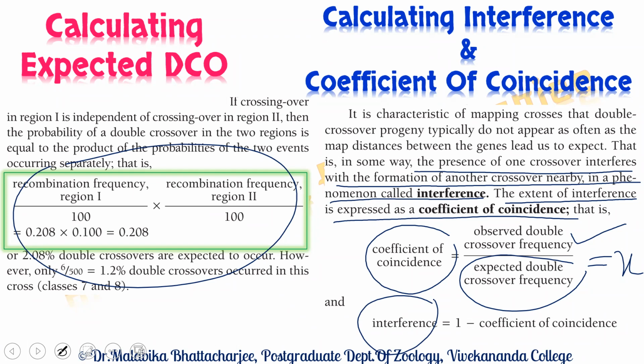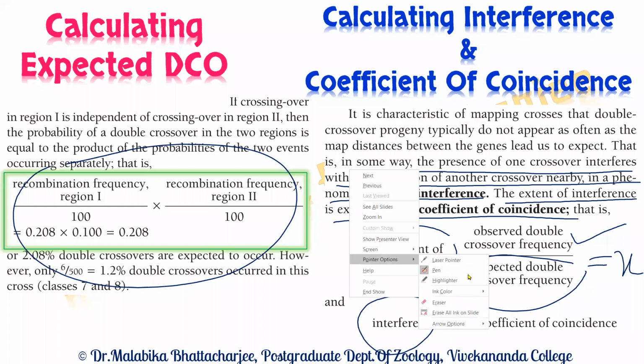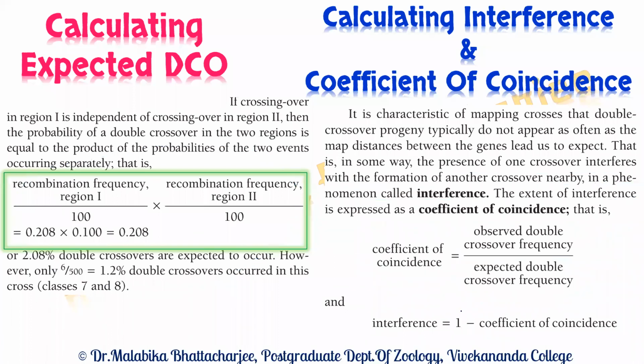So that is how we calculate interference and coefficient of coincidence. If it so happens that the value of coefficient of coincidence is 1, that means the frequency of observed double crossover is exactly equal to the frequency of expected double crossover.